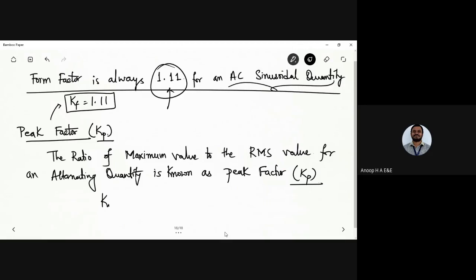Okay, so Kp is defined as the maximum value divided by the RMS value.